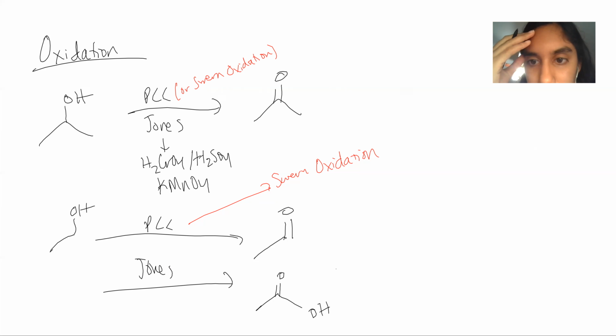I think he did go over PCC. What does Swern have? Swern is DMSO and triethylamine. Oh, okay.